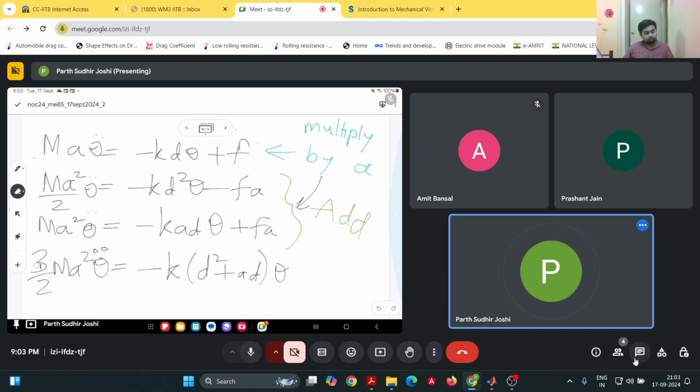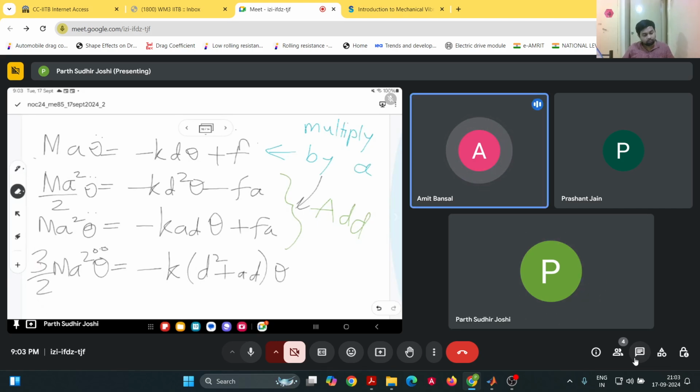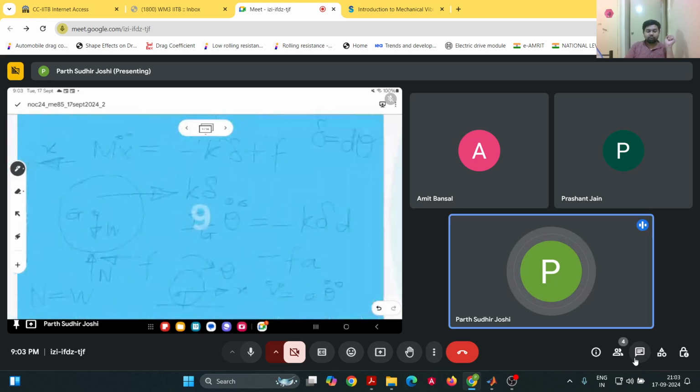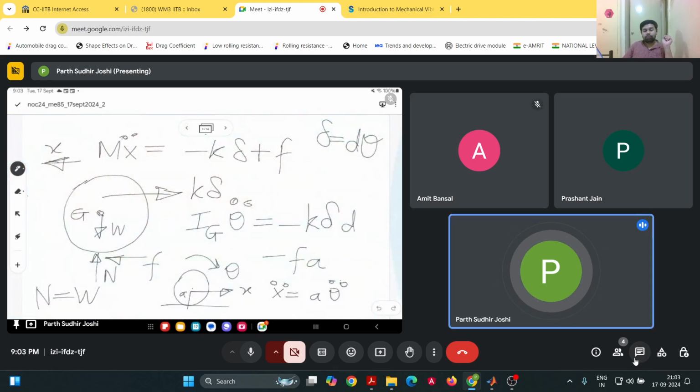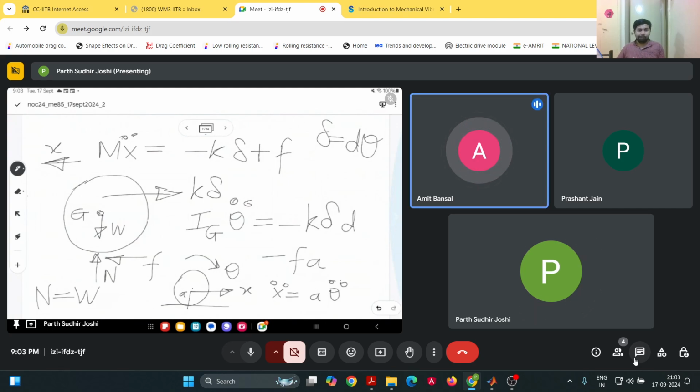Sir, why have you taken polar moment of inertia here, sir? Polar moment of inertia I have taken because I have considered this moment equation, moment about the center of mass for this rotating disk. But why not mass moment of inertia here?